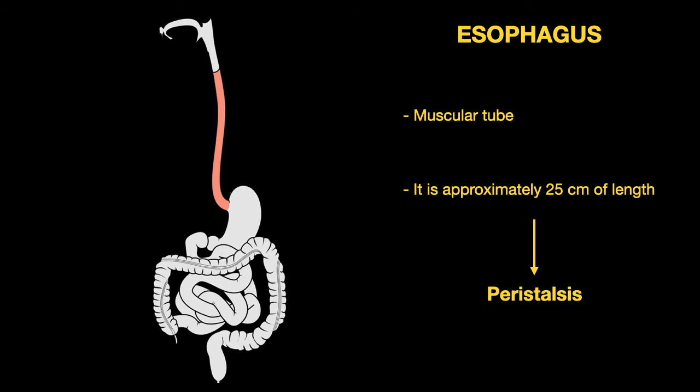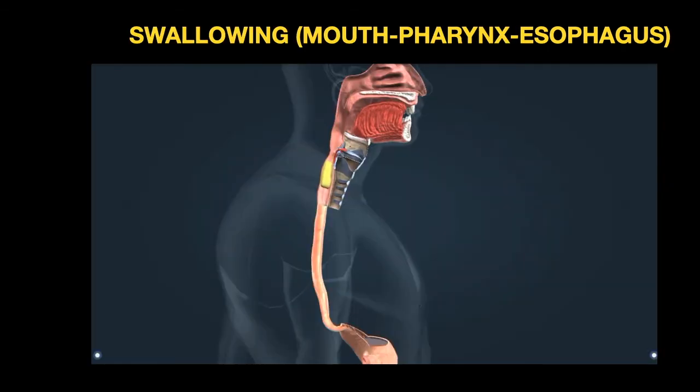In the esophagus starts peristalsis, which consists of waves of contraction and relaxation of alimentary wall smooth muscles, which act to propel food along. These waves also play a role in mixing food with digestive juices. Peristalsis is so powerful that foods and liquids you swallow enter your stomach even if you are standing on your head.